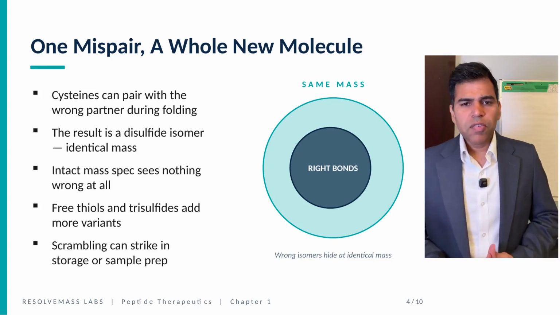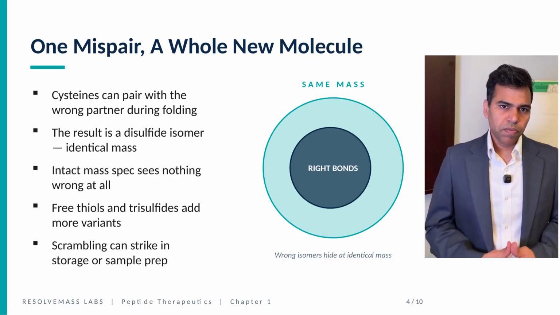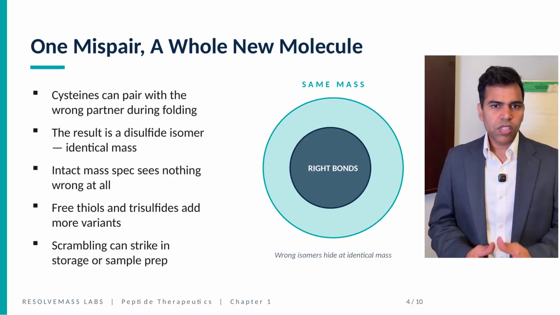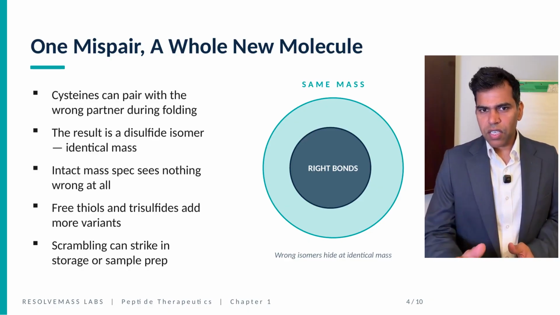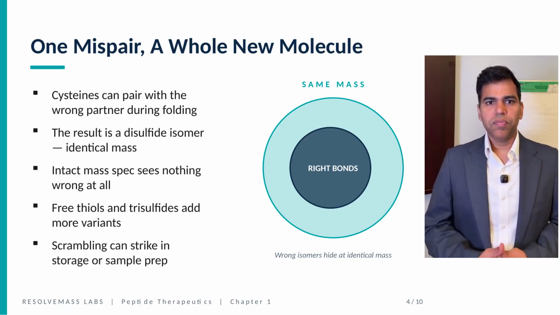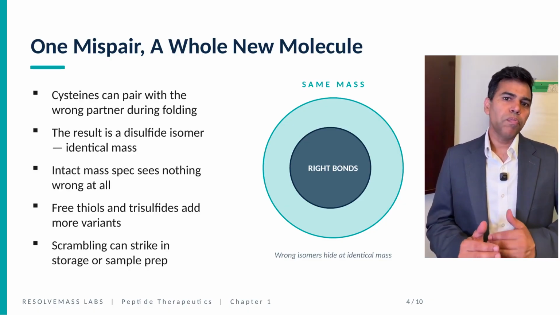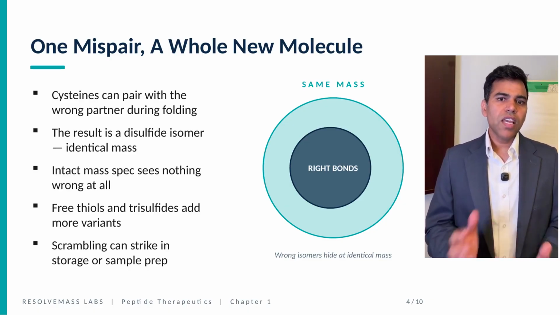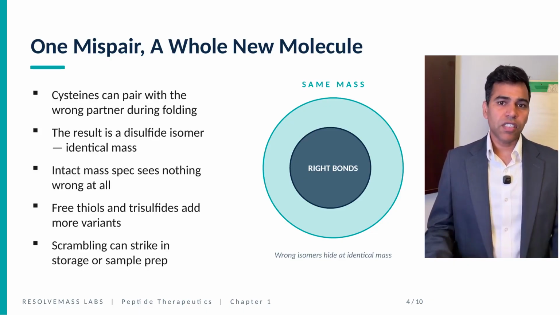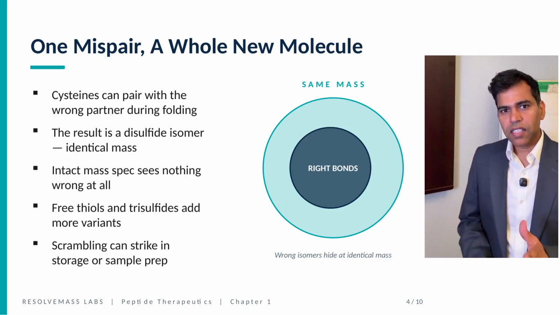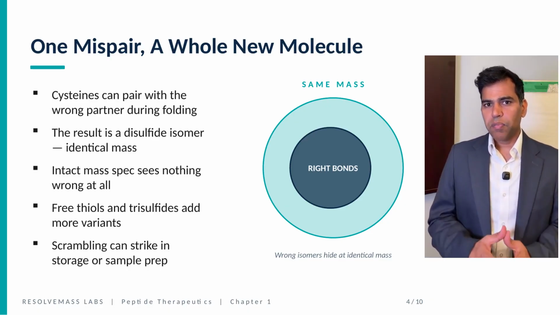A disulfide bond can go wrong in a way that's almost invisible. Say a peptide has 4 cysteines, the correct drug pairs 1 with 3 and 2 with 4. But during folding, 1 and 2 can bond instead. Same peptide, same 4 sulfurs, completely different shape. That's a disulfide isomer, and here is the unsettling part.